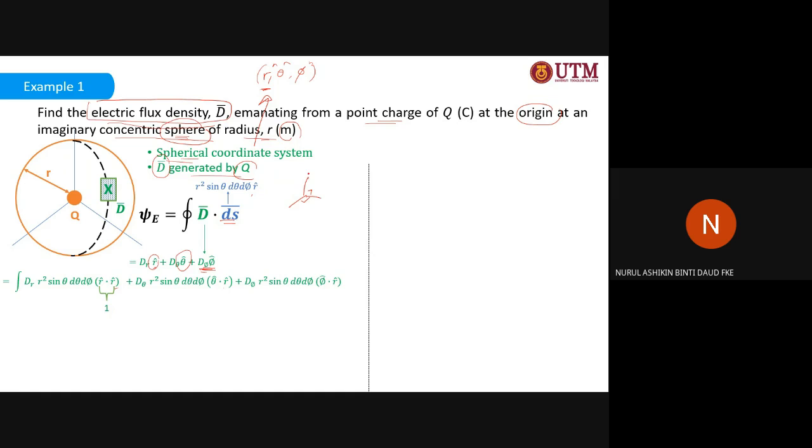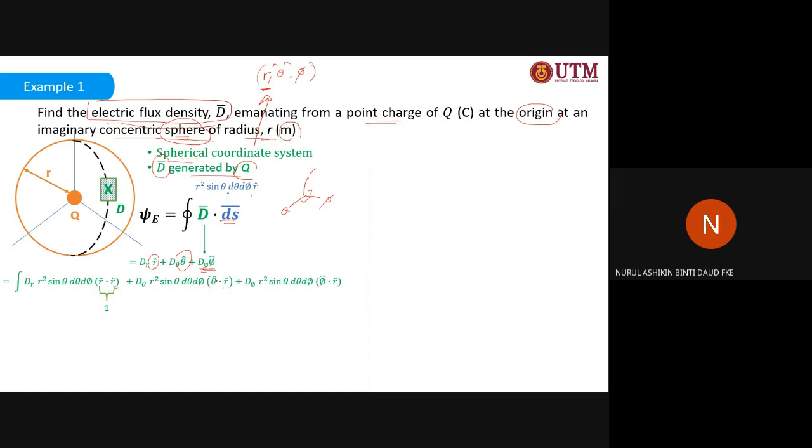The r, theta, and phi are all orthogonal, normal to each other, so it is 90 degrees. So r and r have the same direction, so it will produce 1.